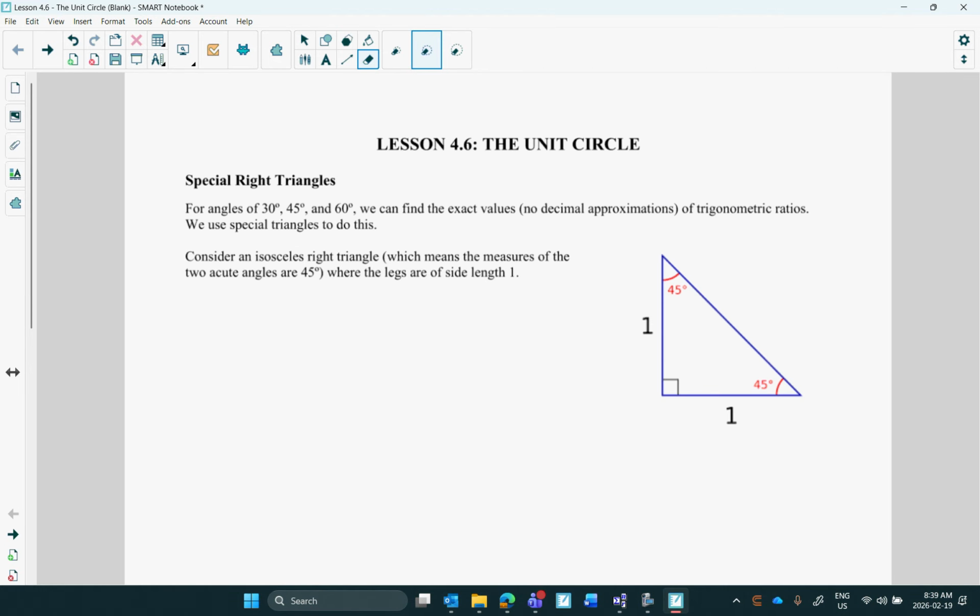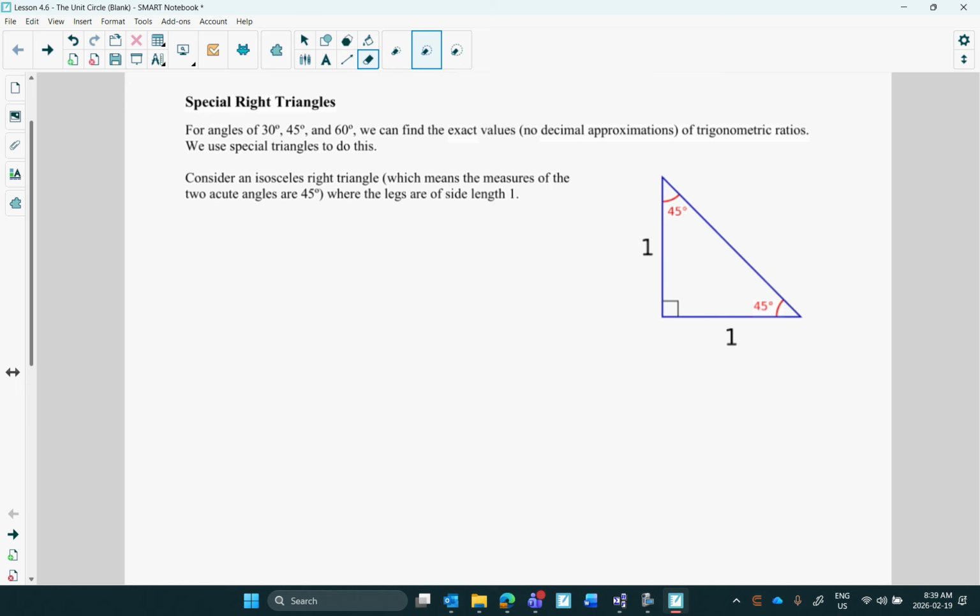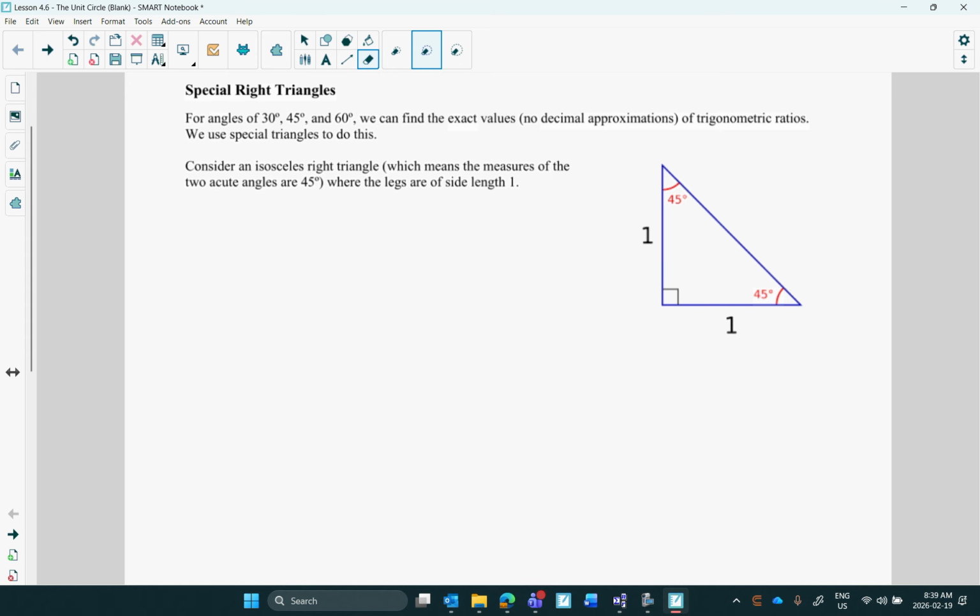So what we need to do is create some right triangles that have common angle measures, 30, 45, 60, okay? And we need to make one so that the hypotenuse is 1, so we can fit it into the unit circle.